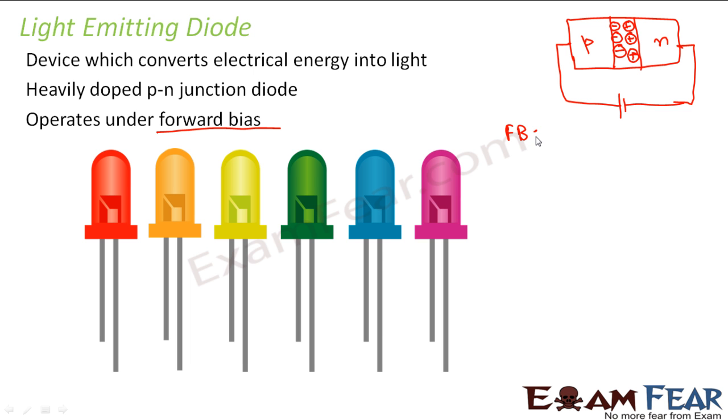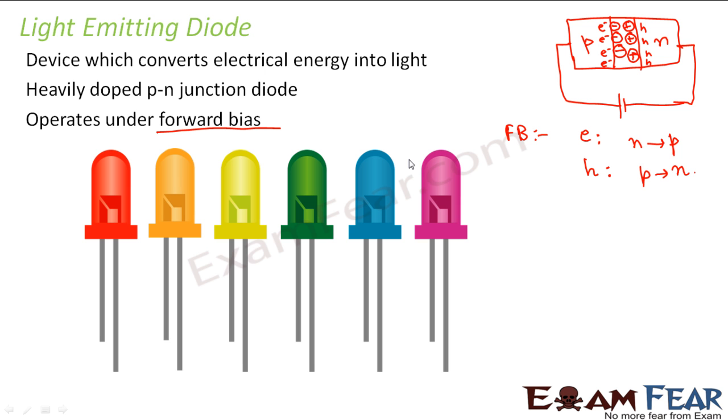So under forward bias, electrons will move from N to P and holes will move from P to N, right? The electrons which are present here will all start reaching somewhere around here. Similarly, the holes which are present in the P region will start diffusing and reach somewhere around here.